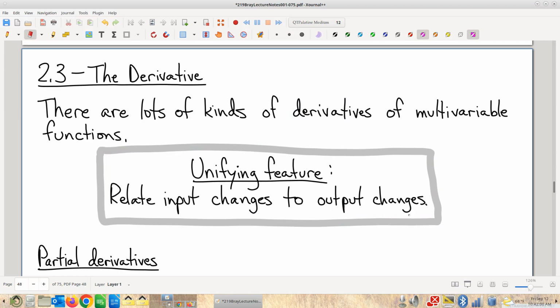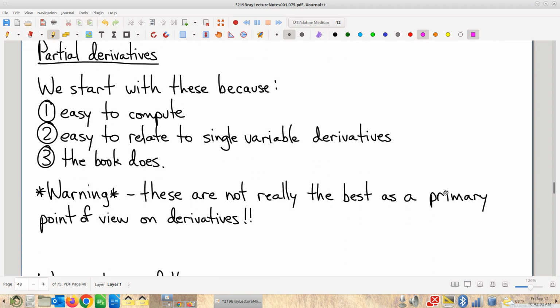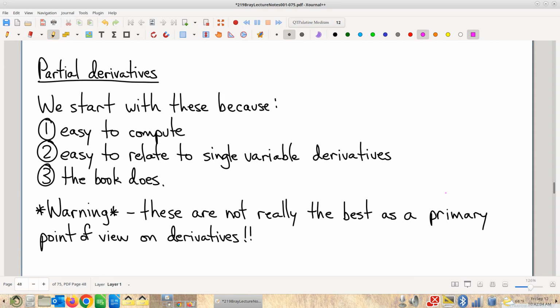Now, I'm going to start, as the book does, as most books do, with partial derivatives. And there are some non-silly reasons I want to start with partial derivatives. There's also a very strong counter-argument. In fact, if it were up to me, we would not start with partial derivatives, but since our book does, I feel like that tips things the other direction. But there is a better way to think about derivatives, and this isn't it.